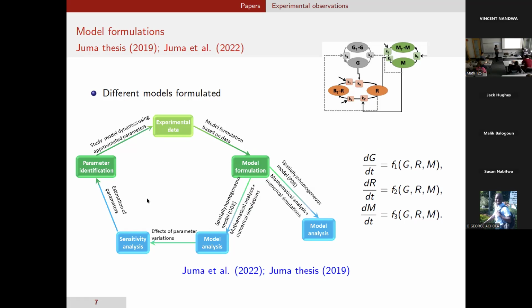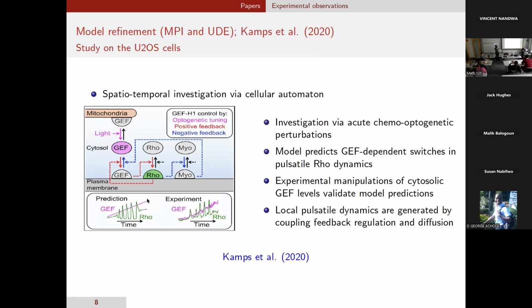Based on this, the experimentalists were not happy about the bistability, because they were not able to observe bistability. So they were not happy with the first two models we formulated. That gave rise to the study in Kamps et al., where they dug deeper to understand the biomechanical interactions of these proteins and to get the assumptions.